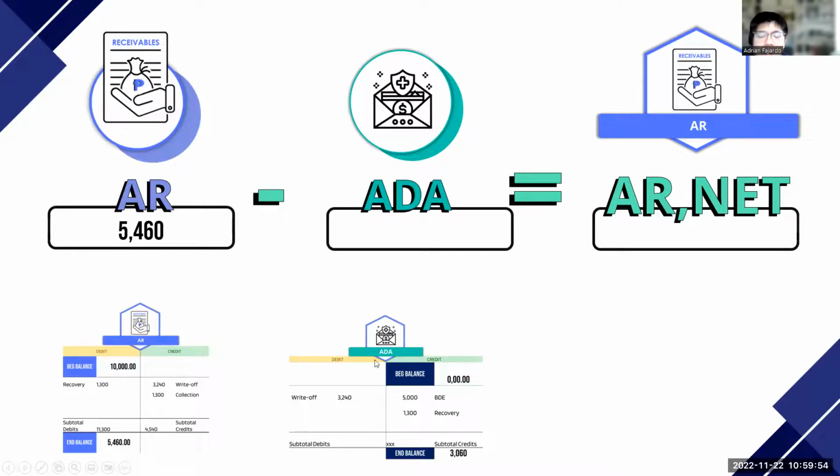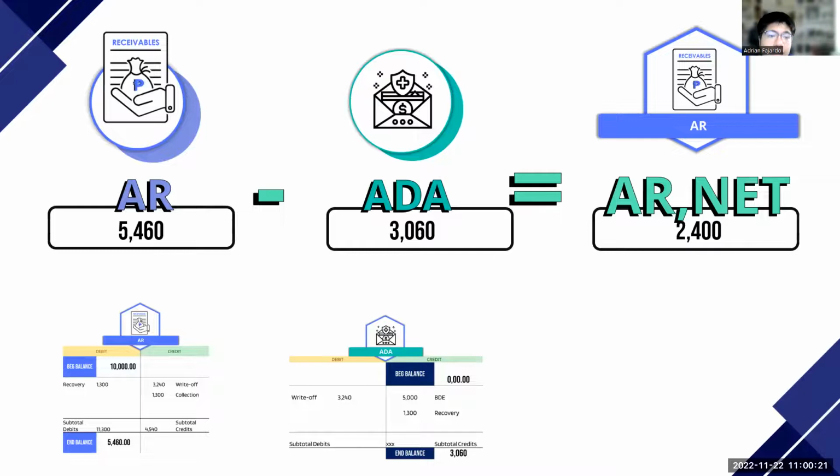For my ADA, what are the three things that affected it? Yung BDE and recovery increased my ADA account by 6,300. But then the write-off lowered it by 3,240. So I had 3,060 in ADA. So now, my AR net would be 5,460 minus 3,060, which is 2,400.